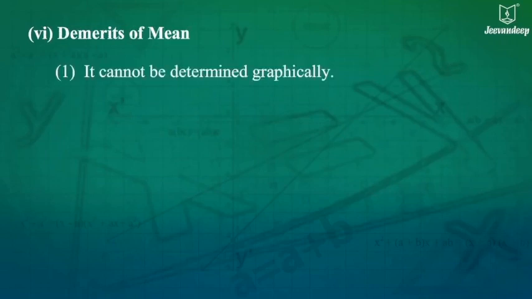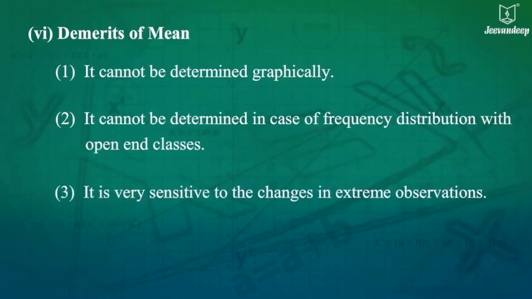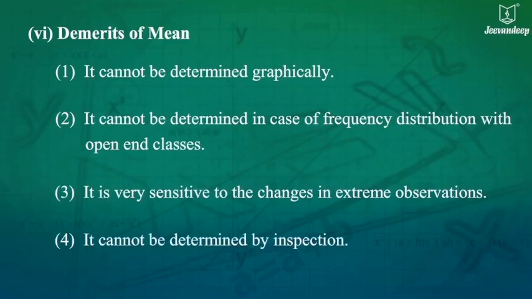It cannot be determined graphically. It cannot be determined in case of frequency distribution with open-end classes. It is very sensitive to changes in extreme observations. It cannot be determined by inspection.